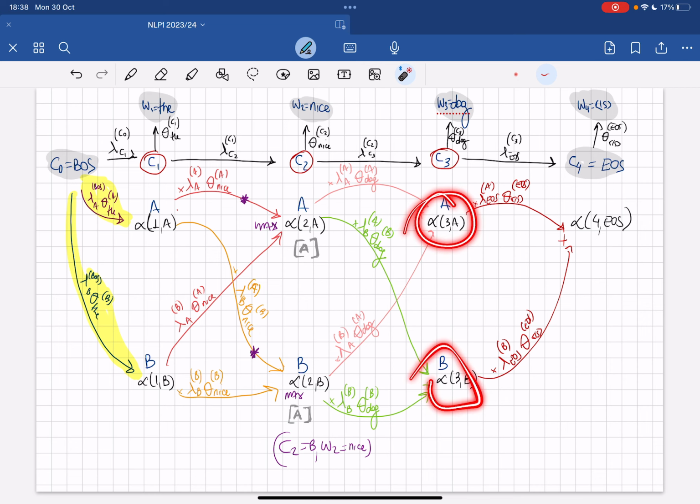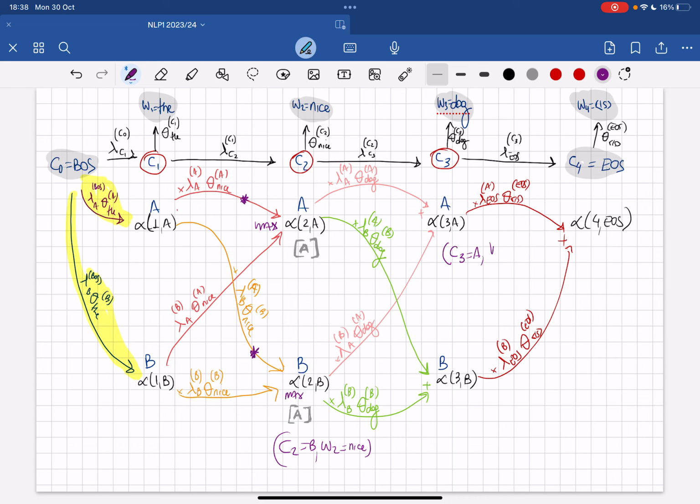Let's try to solve these two. So by now, we are pretty comfortable with it. We know this is the probability of the best sequence that ends in C3a, W3 dog. And we've got two options. We can continue best sequences that ended in C2a, or best sequences that ended in C2b.